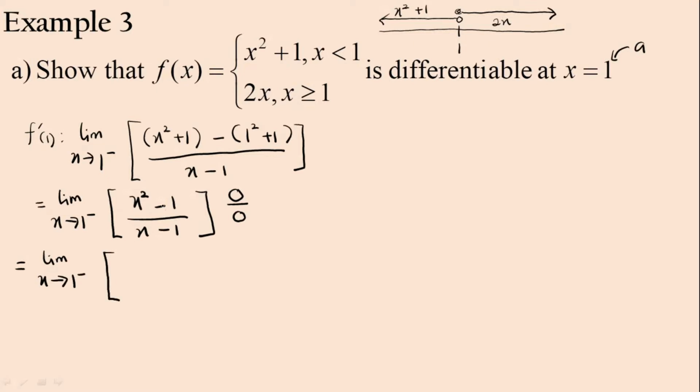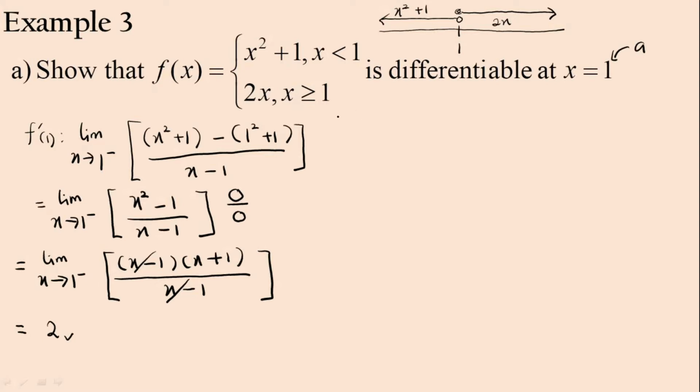So x squared minus 1 can be factorized as (x minus 1)(x plus 1), and after we factorize that out, obviously you can cancel out the factor of x minus 1. So substitute the limit once again, you will get 2 as your answer. So this is for 1 from left.